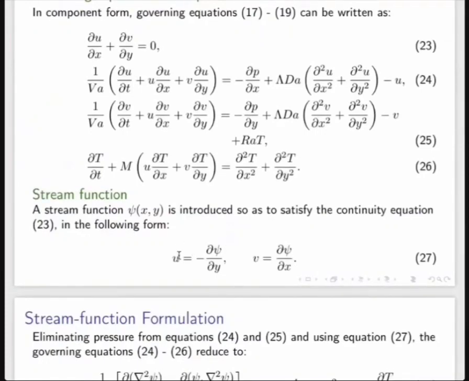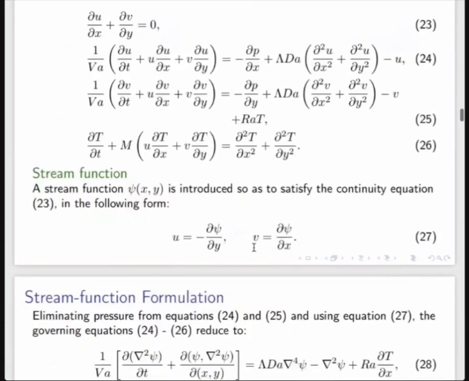And we also use a stream function, which will trivially satisfy our continuity equation. So it will reduce one equation and the number of variables by 1. So here the number of unknowns are u, v, T, and p.